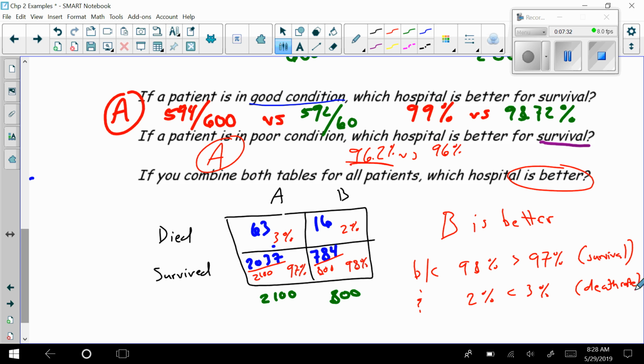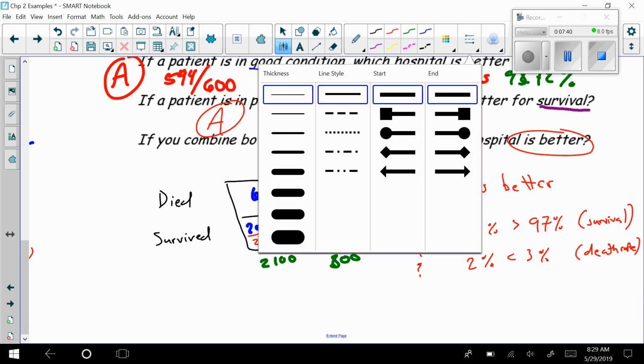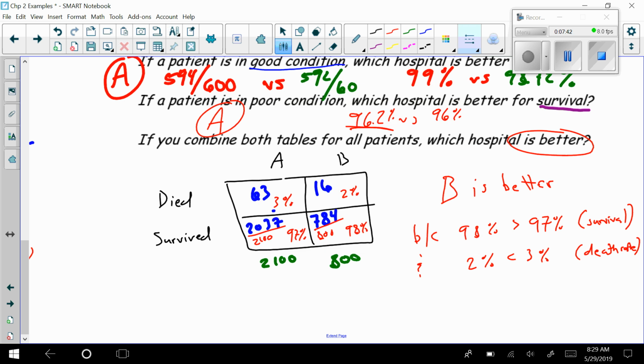Now, there is one other thing to consider here, okay? This is a completely solid answer. In general, do you think there's a reason why B maybe outperformed A? This idea here is, well, they only treated 800 patients.